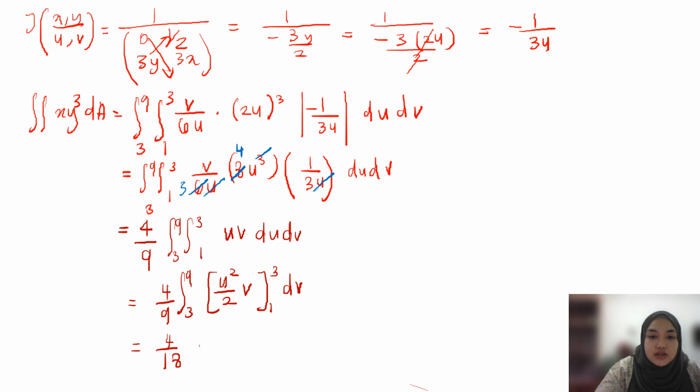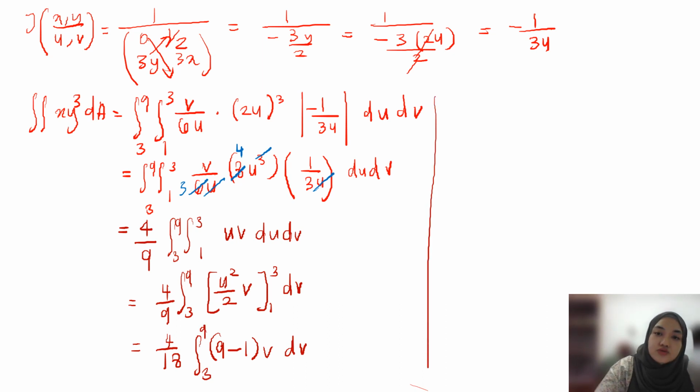You will substitute this value, you will get 9 minus 1. Okay, don't forget our v with respect to dv. So we continue here. So you will get 4 over 18 integrate 3 9 8v with respect to dv.